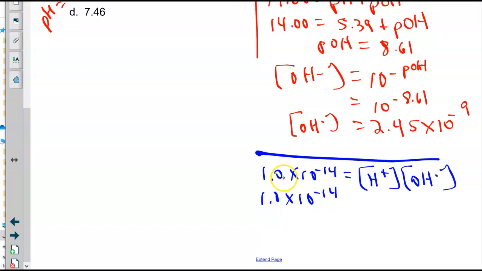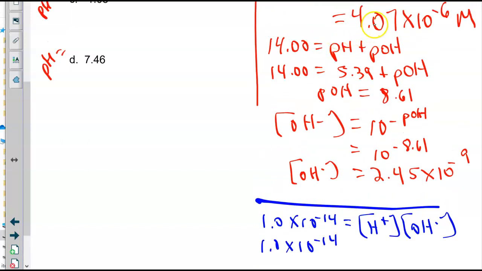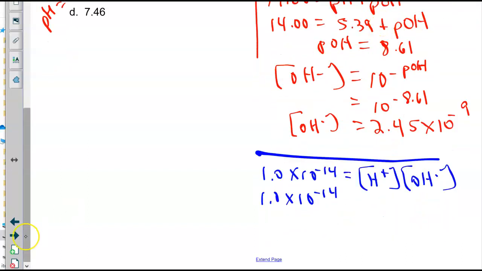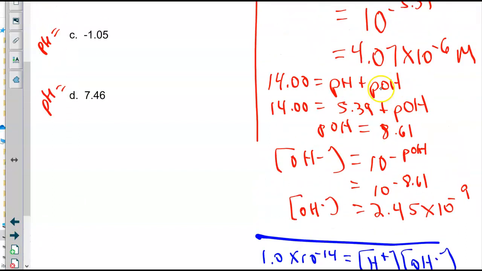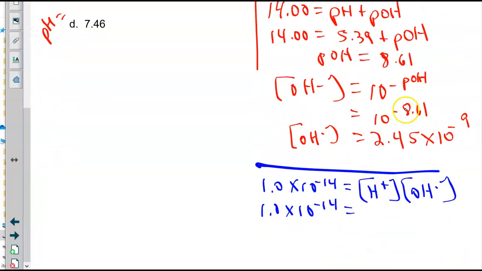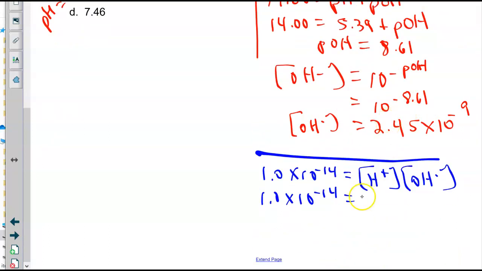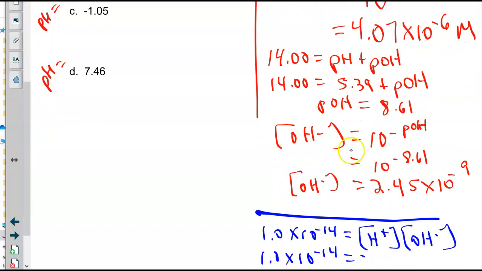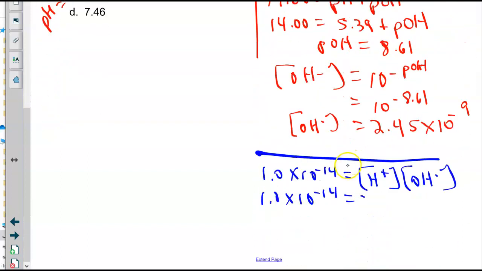We're going to go back up and grab our concentration, 4.07 times 10 to the negative 6. I misspoke. This is our H plus concentration here, not our OH minus. This is our H plus concentration, 4.07 times 10 to the negative 6. So I'm going to bring that down and plug it underneath here. It is 4.07 times 10 to the negative 6 times OH minus.